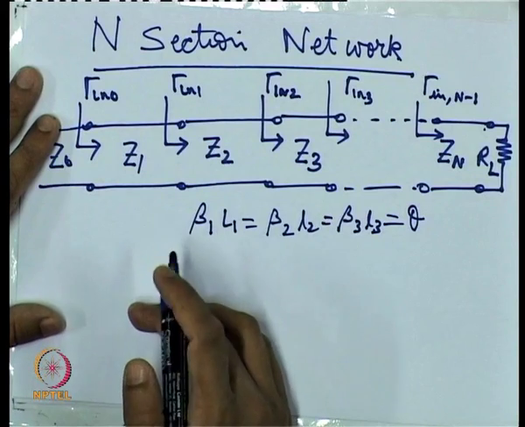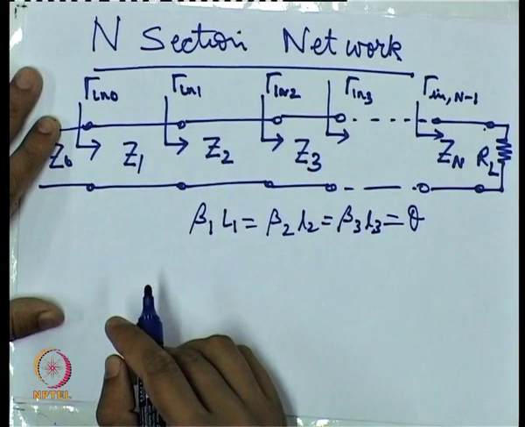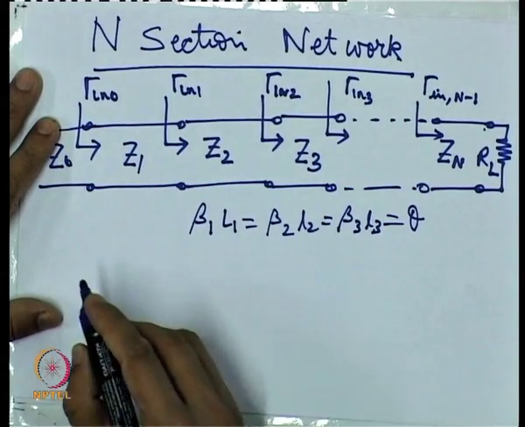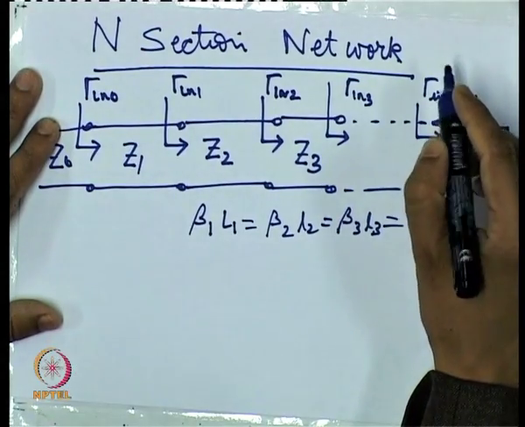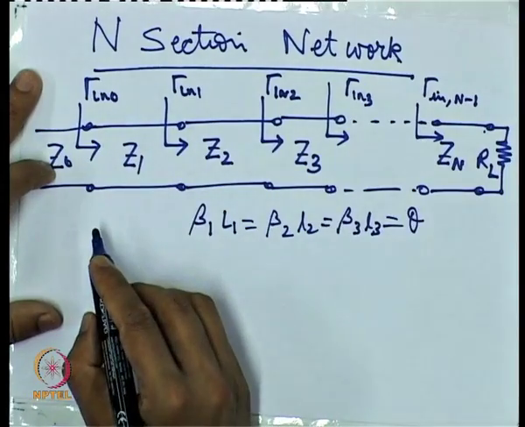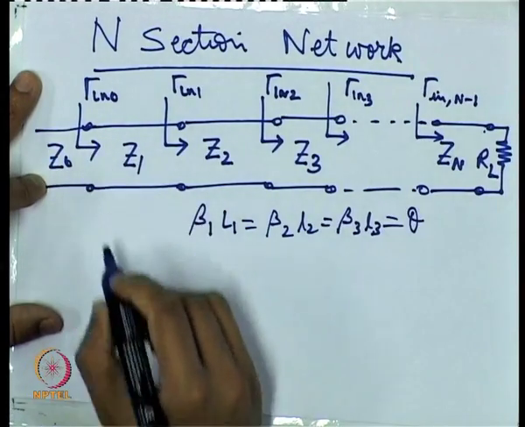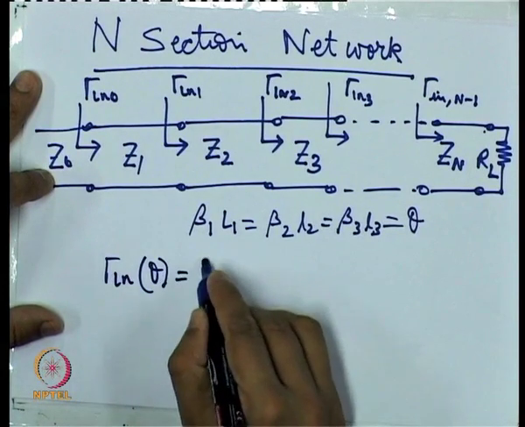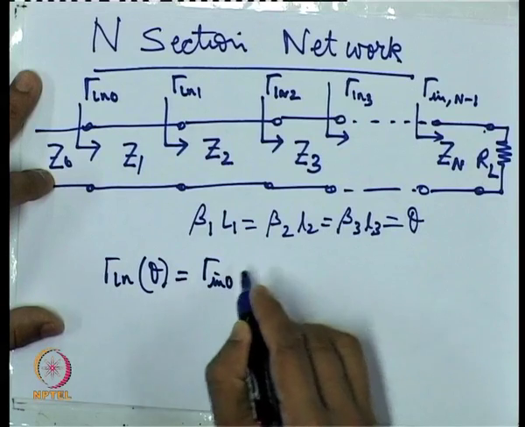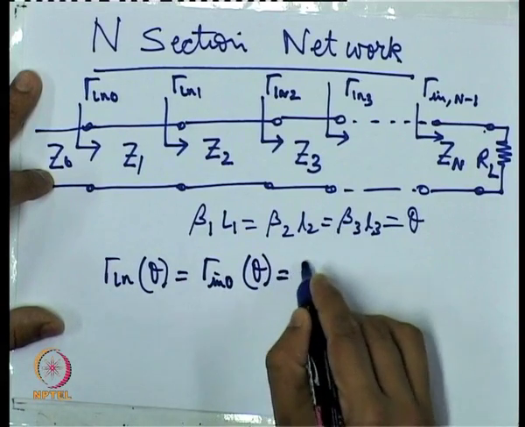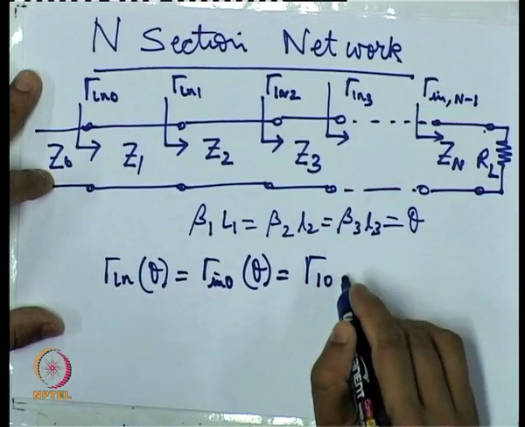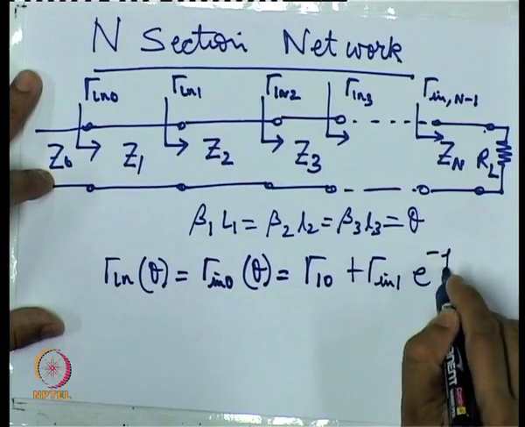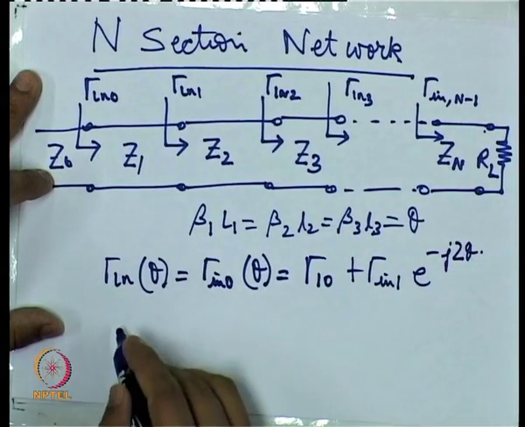Now if we apply the formula we just discussed to each section, we want to find the input reflection coefficient, gamma in at 0, which is equal to gamma 1 0 plus gamma in 1 times e to the power minus j 2 theta.